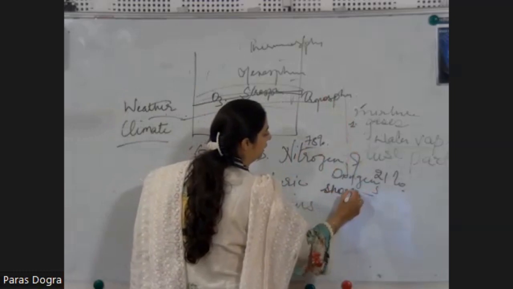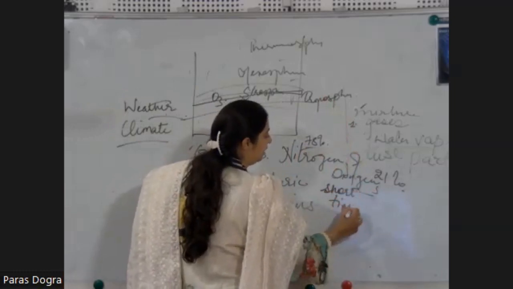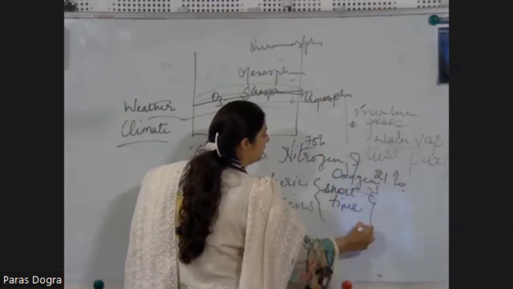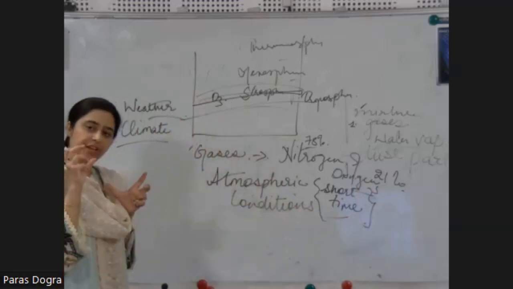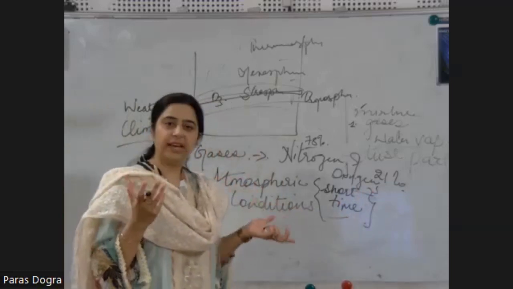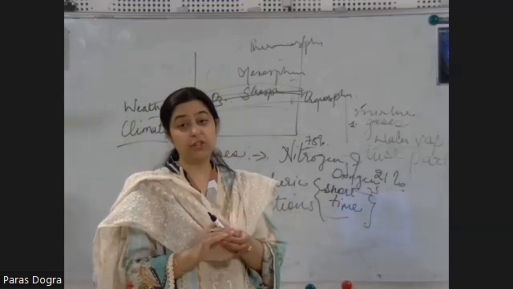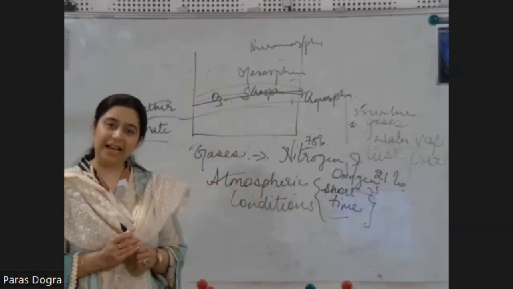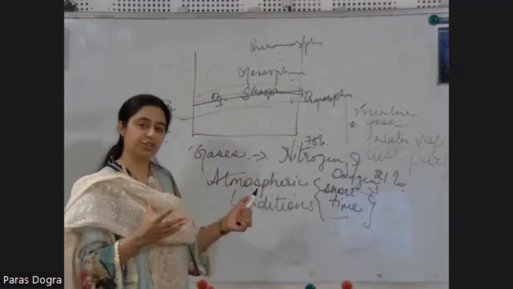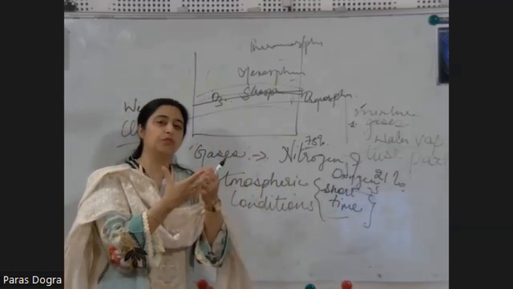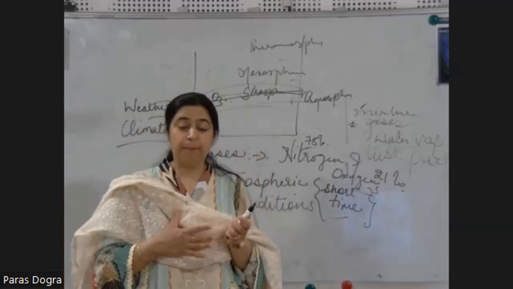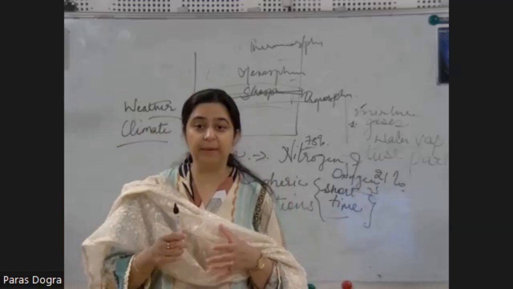It is very important to know that weather is all about a short duration of time, be it a day, a week, or some hours. But climate is the similar conditions of the atmosphere, the sum total of the atmospheric conditions, but for a very long period of time.